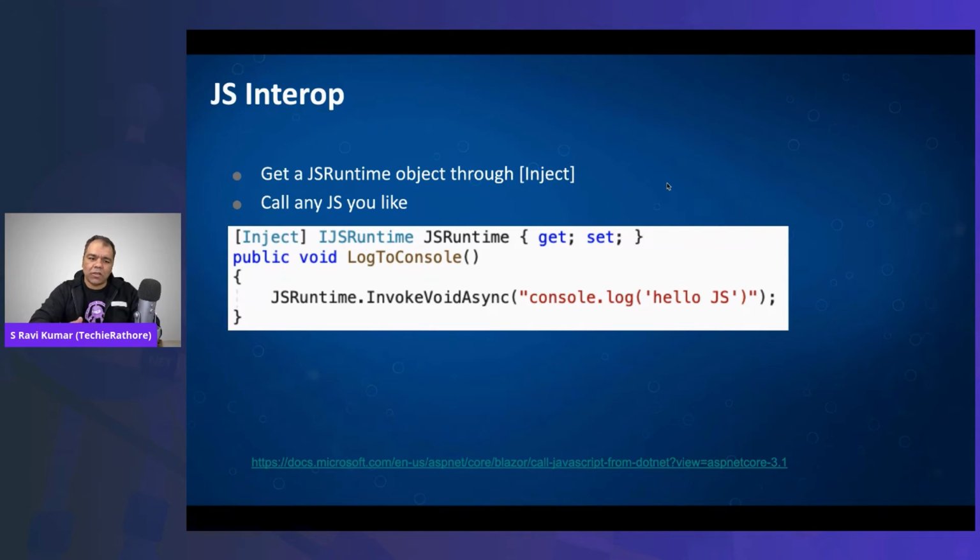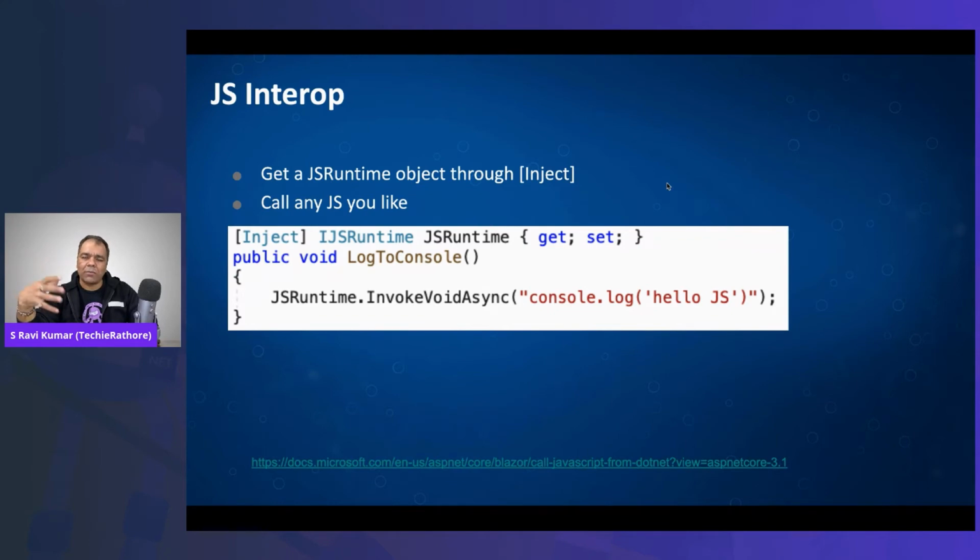You can do this by injecting the IJSRuntime class, and then you can call any JavaScript method using JSRuntime. This is the syntax to call JSRuntime, which we can use to show alerts, or if we want to use some library written in JavaScript, we don't want to write that whole library, so we can use it, for example chart.js or d3.js.